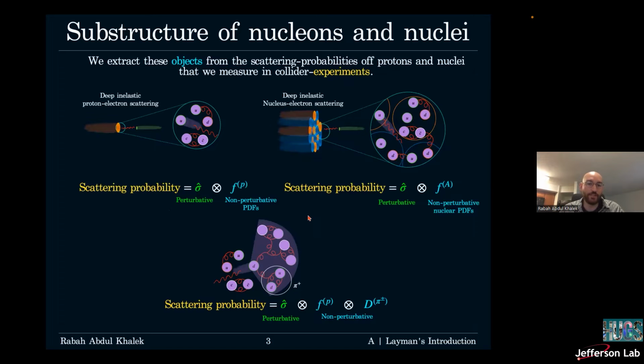Due to factorization theorems, where you introduce renormalization, you can separate the cross-section, or the scattering probability, into a part that you can calculate, which I call perturbative, and a part that you need to extract from data, a renormalized quantity, which is called the PDF, nuclear PDF, and fragmentation function. So this is the context we'll be working with right now.